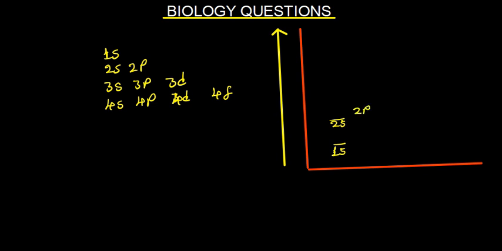The 2p is slightly higher than the s, and the p sublevel has 3 orbitals. Next will be 3s with a single orbital, then 3p with 3 orbitals. Then next will be 4s with a single orbital, then 4p with 3 orbitals. So this is what is happening.